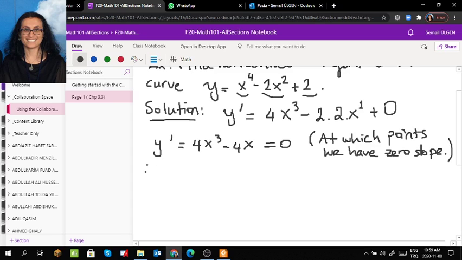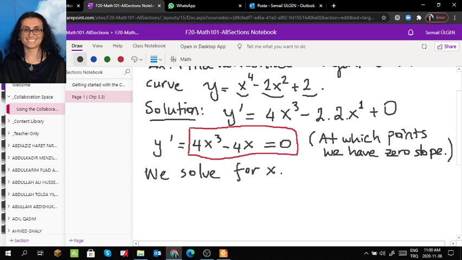So I'm going to solve for x. Let me circle that. This is the equation that we are interested in.